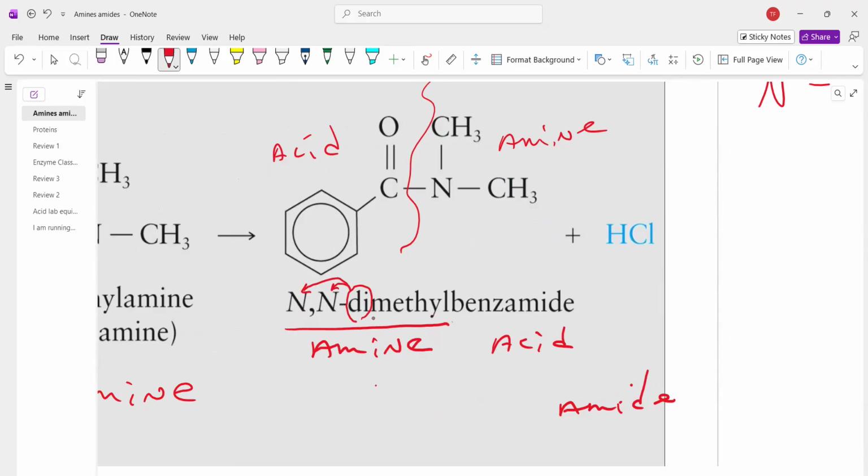So if there were, for some reason, three methyl groups, you'd have N,N,N-trimethyl benzamide. Okay. So when you're thinking about naming, like with esters, the alcohol part of an ester is named first. So in this case, the amine part is named first, then the acid will follow.